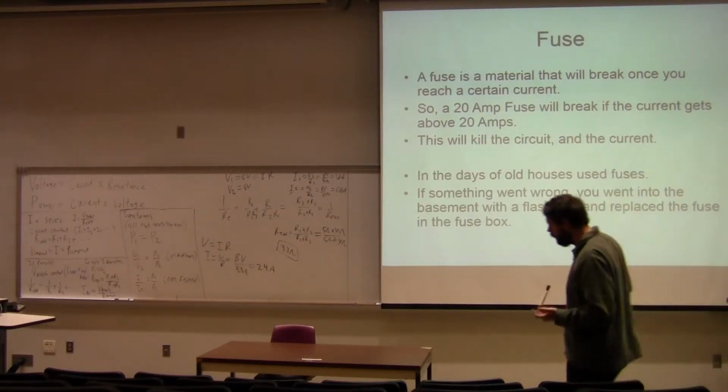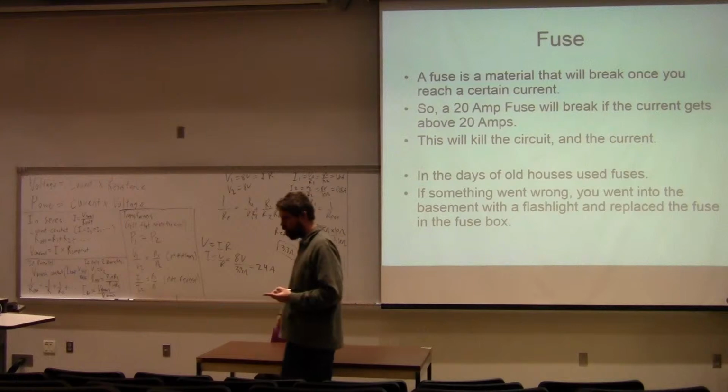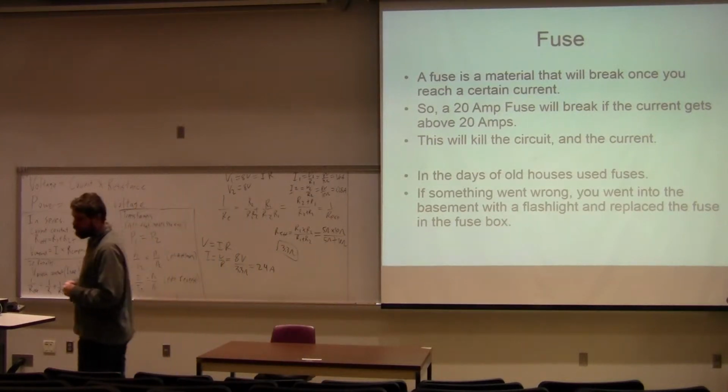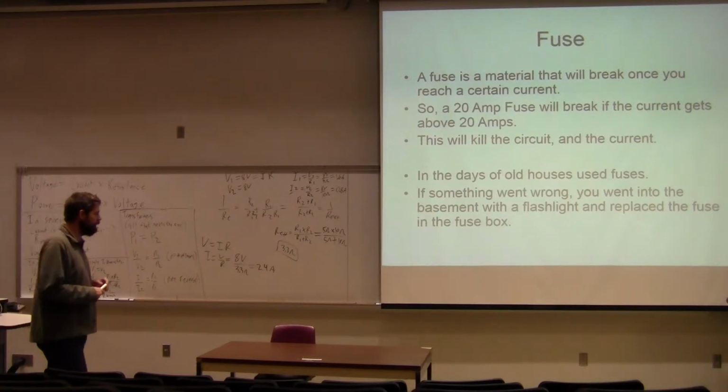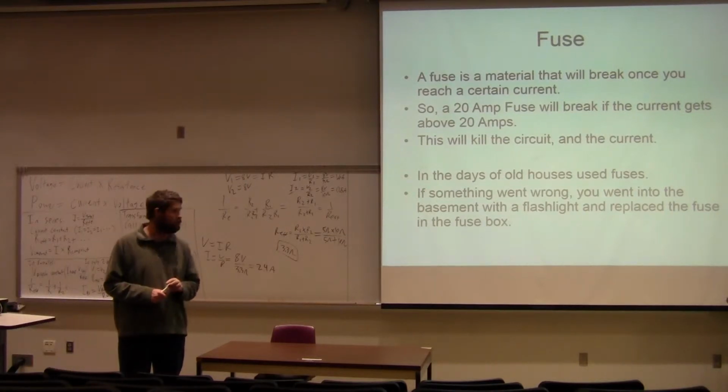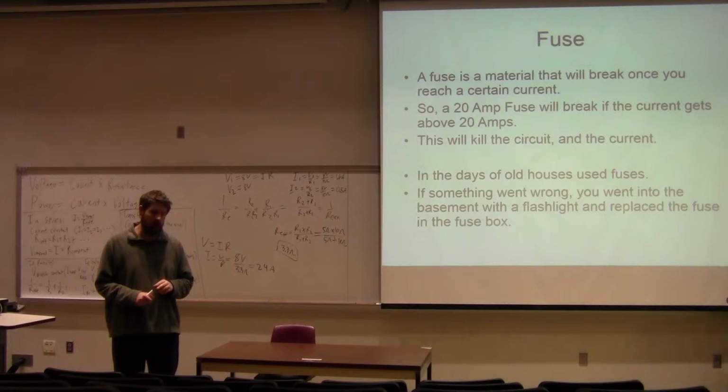Back in the day, long time ago, houses used fuse boxes and fuses, which means that if your fuse went out late at night, you had to go down in the dark with a flashlight and replace the fuse in the fuse box, which clearly is kind of dangerous because you're putting two wires in a circuit that may still be broken.